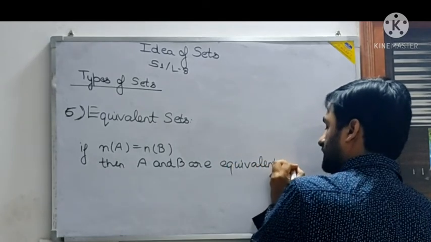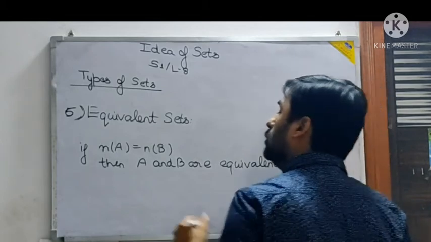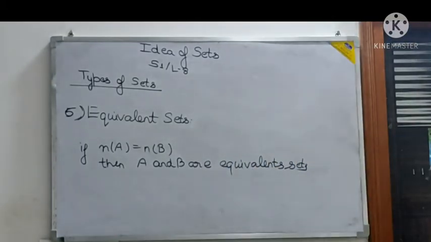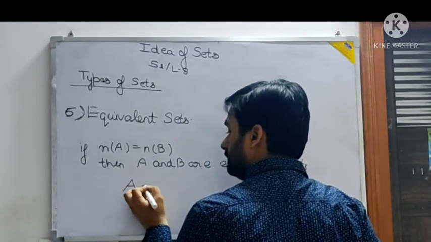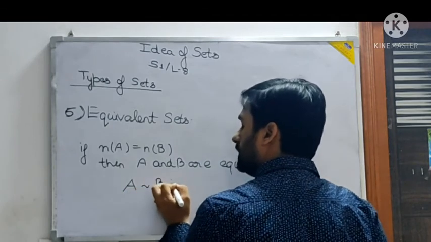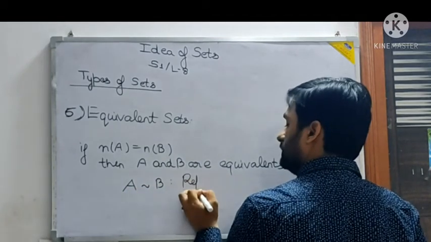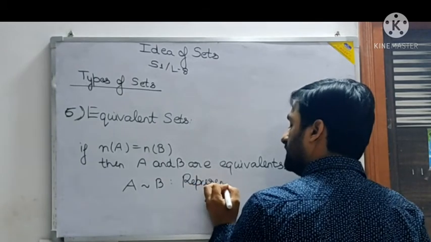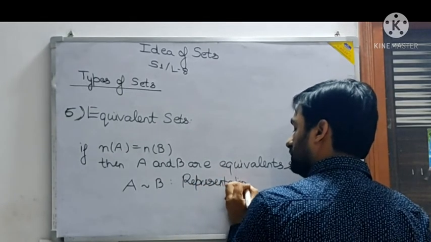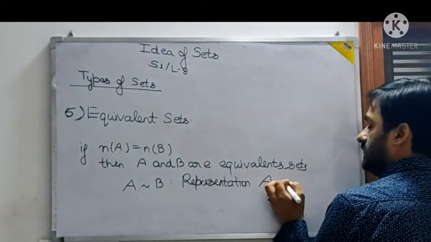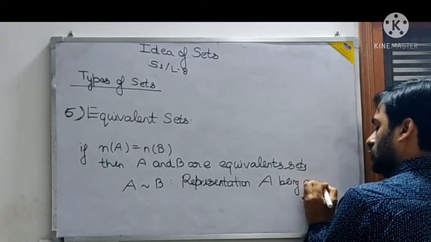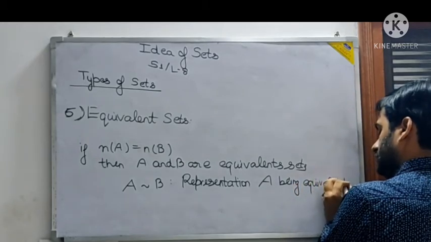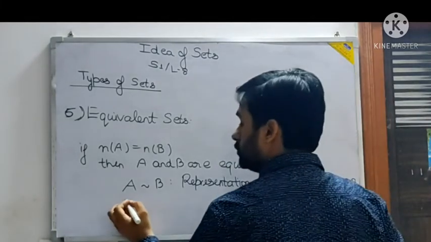Equivalent sets. How to represent that A and B are equivalent? There is a symbol we are using. If you remember your congruency symbol, this shows the representation of A being equivalent to B. The other way also is there.